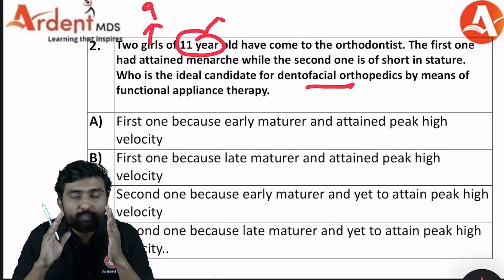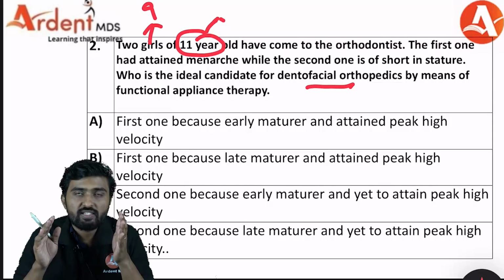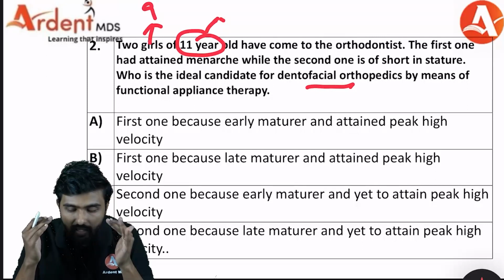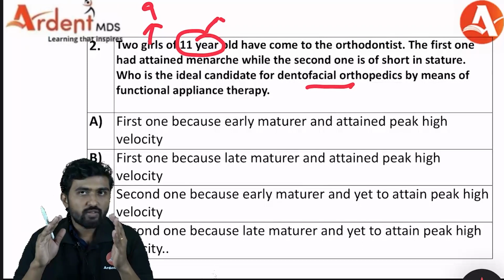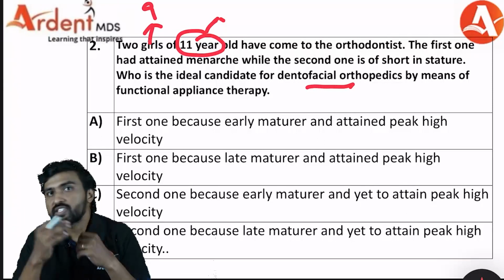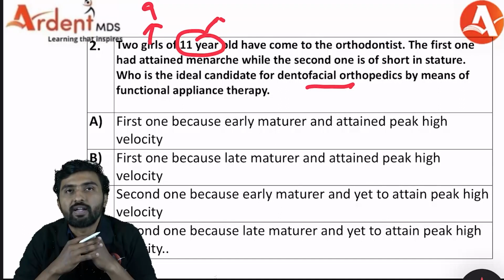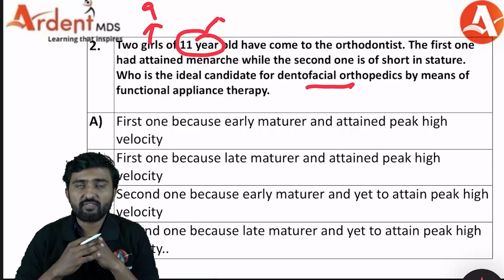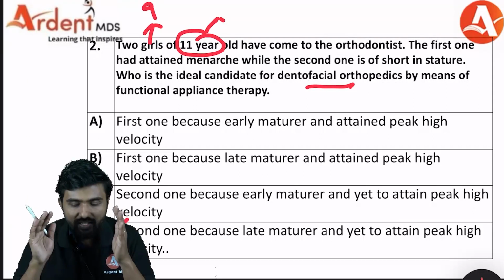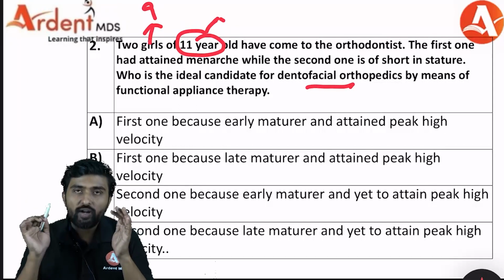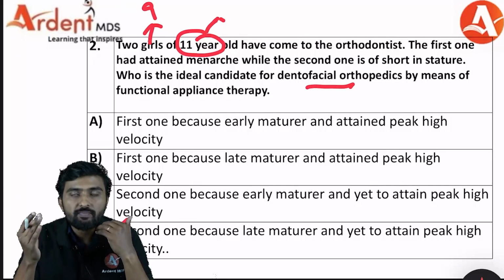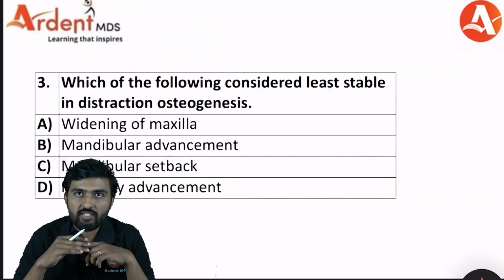So the ideal patient for dentofacial orthopedics is the one who is yet to attain peak height velocity. For the patient at the stage of attaining peak height velocity, maximum changes can be accomplished with the help of dentofacial orthopedics, especially by means of myofunctional appliances. I hope you got the concept. So the answer for this question would be the second one, because she is a late maturer and is yet to attain peak height velocity. So this is the answer.